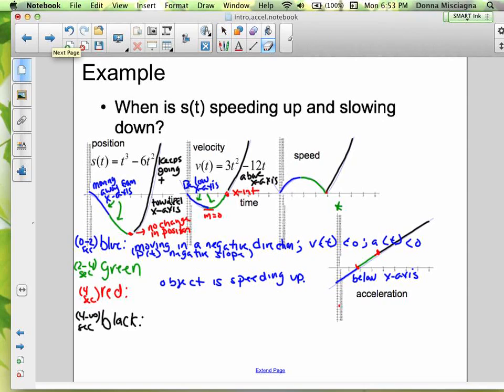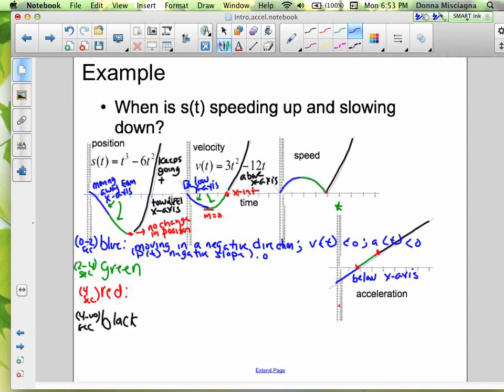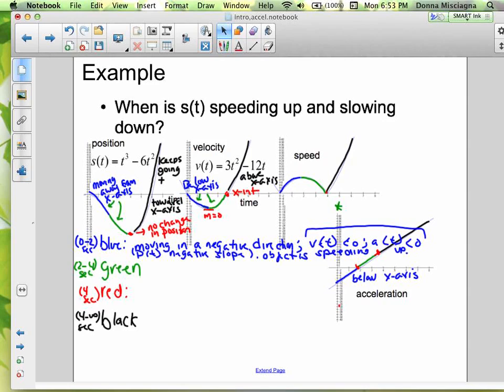I'll rewrite it. I can't squeeze it in. There we go. All right, and we know it's speeding up because these two match.